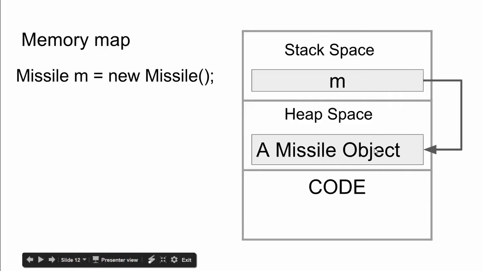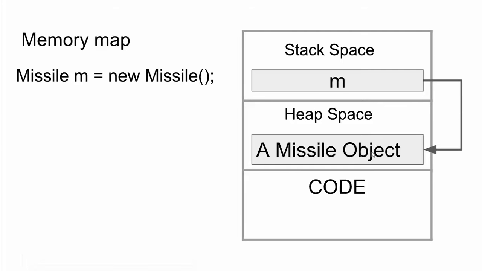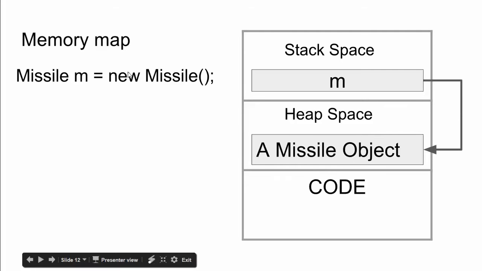You can see that it is possible to run out of heap space if you try to allocate too many objects. The point is, until you use the new operator, this missile object doesn't actually exist. It's the calling of the new operator that carves out some memory from the heap, initializes it, and then goes back to your original variable and makes it point to that new object. By doing this, you don't get that null pointer exception.